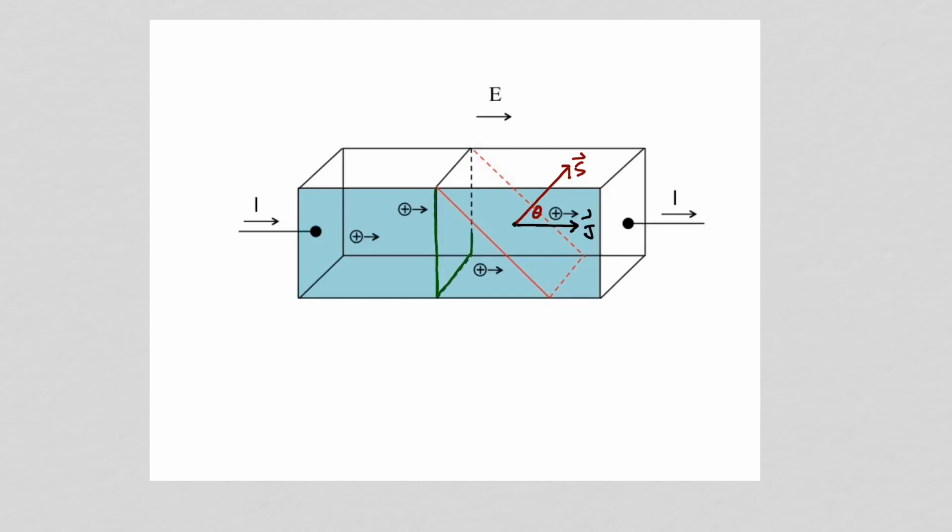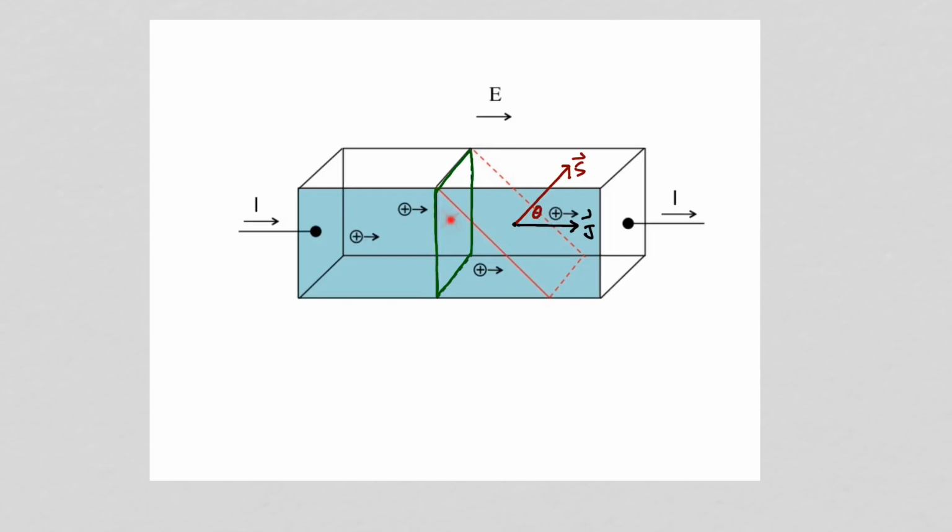This surface is the projection or shadow of this surface such that the outward normal of this surface is in the direction of the current density. If this angle between the outward normal of this surface and the current density is theta, then this angle in here is also theta.